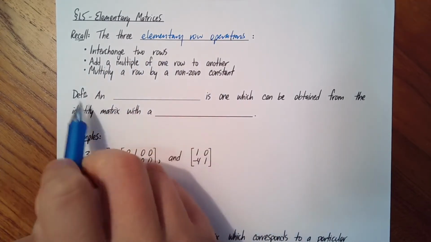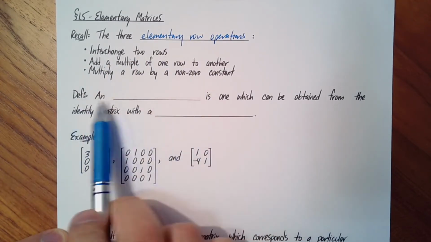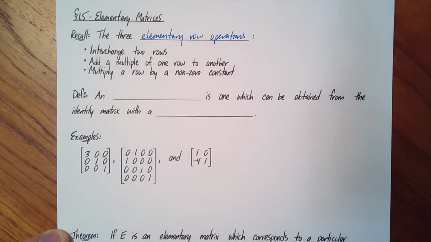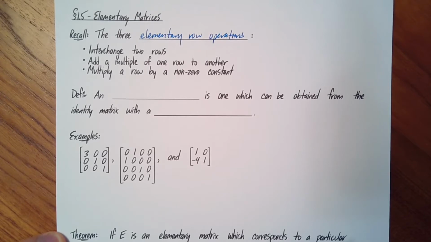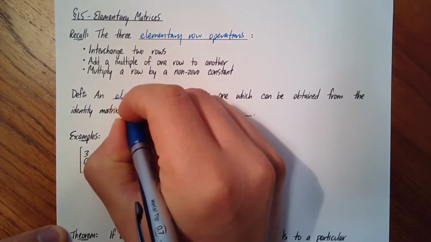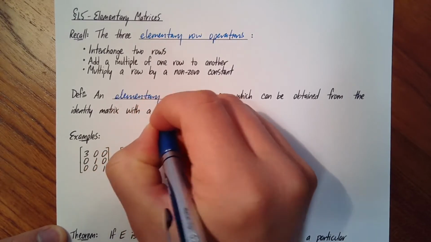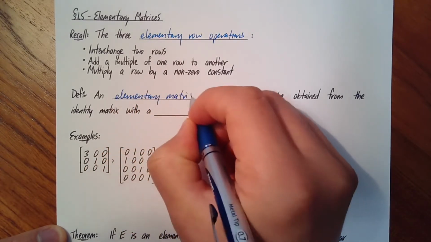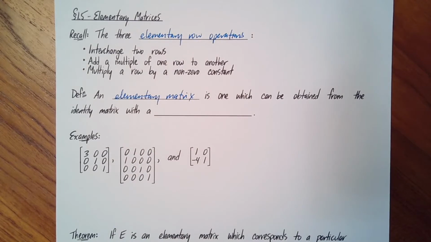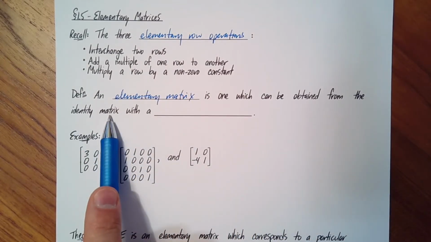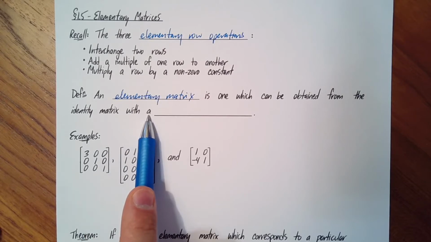So this is a definition. You can see I've got a couple of blanks to fill in. This is kind of the style that I'll use for giving definitions in the future, just to cut down on some of the writing and make these videos a bit shorter. So an elementary matrix, what is it? An elementary matrix is a matrix which can be obtained from the identity matrix directly with only a single row operation.